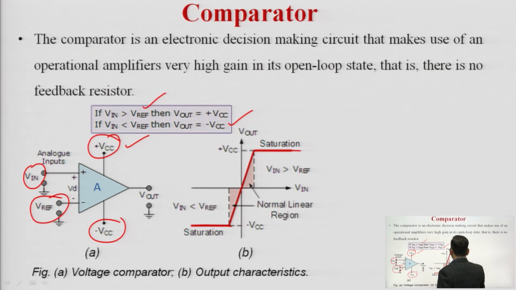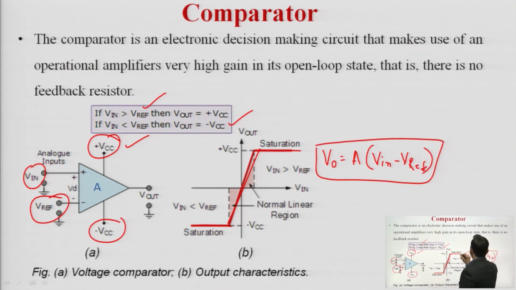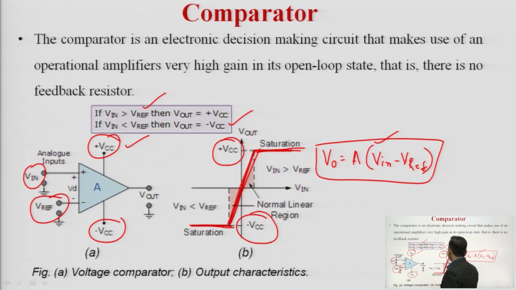So we have something like this saturation region, and in between we have this region, where V output equals some gain multiplied by, let's say, V in minus V ref. The equation we have talked about, the output basically varies linearly with the input. So we have this linear characteristic, something like this, and here we have the saturation, either plus VCC or minus VCC.